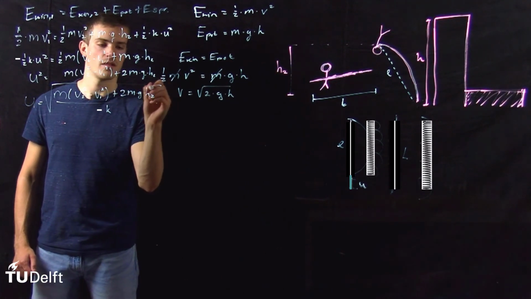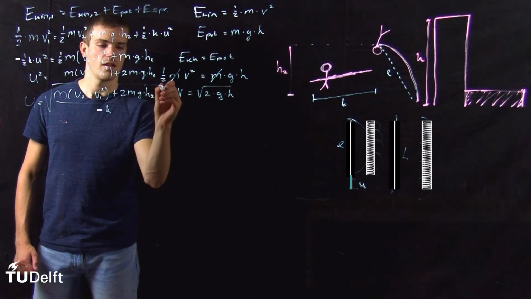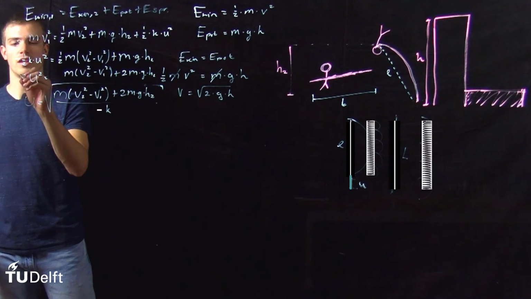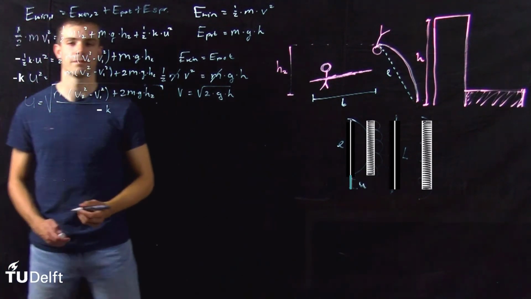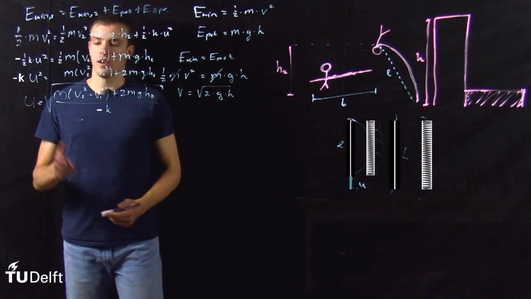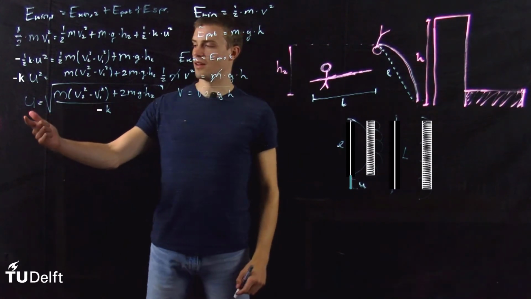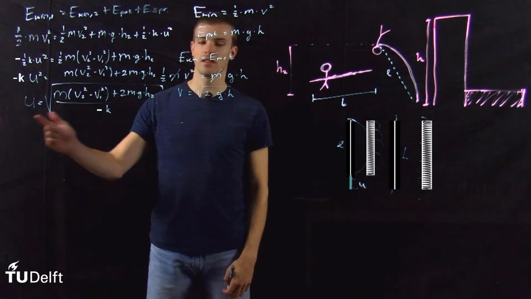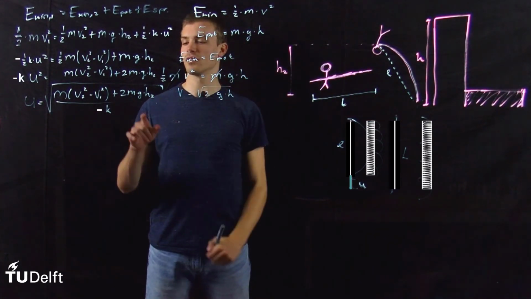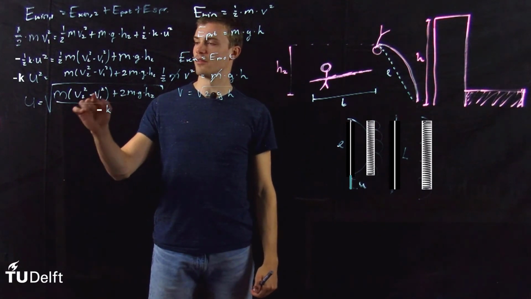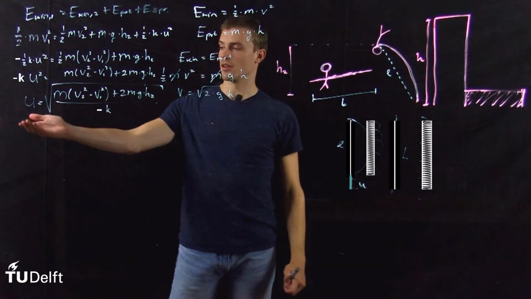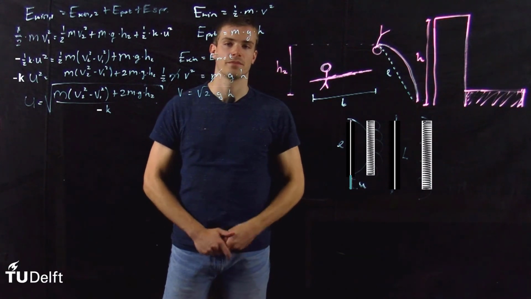And for the ones that pay attention, I forgot the k here. Now we have the deformation of the pole at a certain height and a certain velocity, and that's how we calculate the total deformation. Good luck.